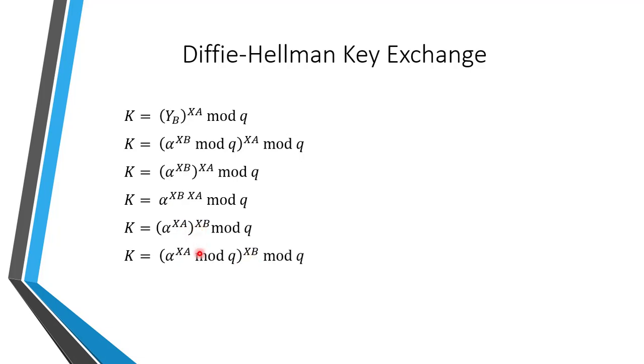Then we further apply the rule of modular arithmetic and rewrite it as alpha raised to XA mod Q, whole raised to XB mod Q. Here alpha raised to XA mod Q is the public key of A, that is YA. So YA raised to XB mod Q. Hence we have proved that the key generated on both sides is the same. That is, the key is exchanged between sender A and receiver B.